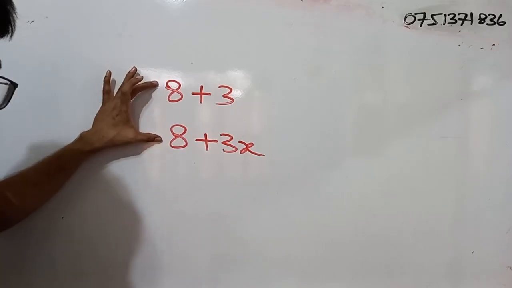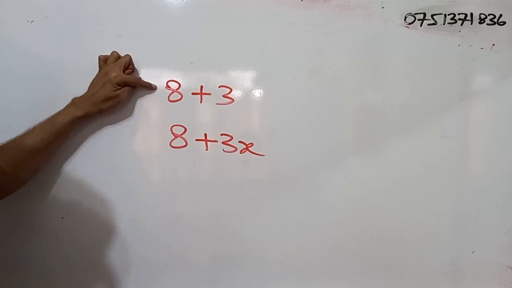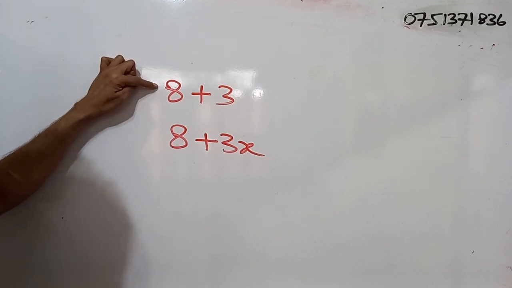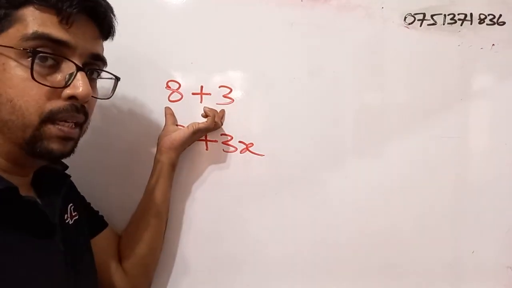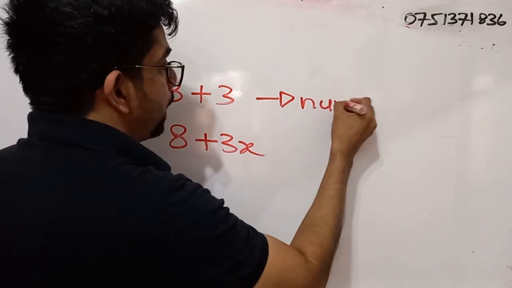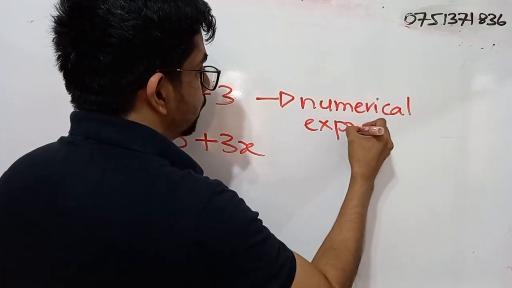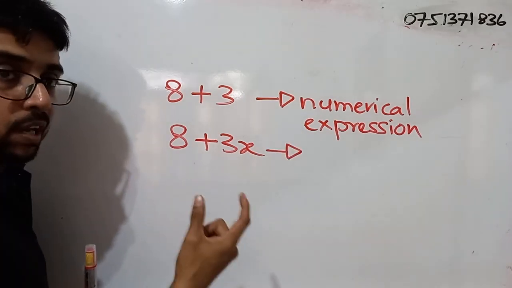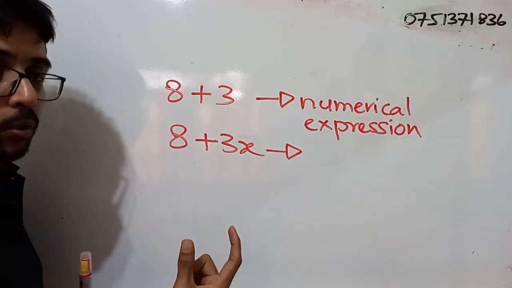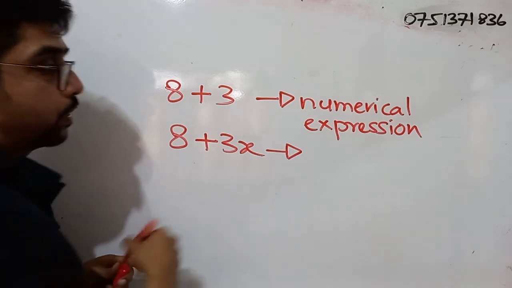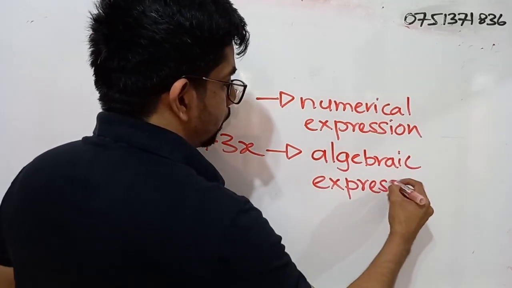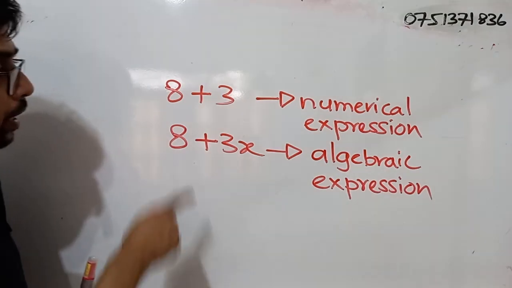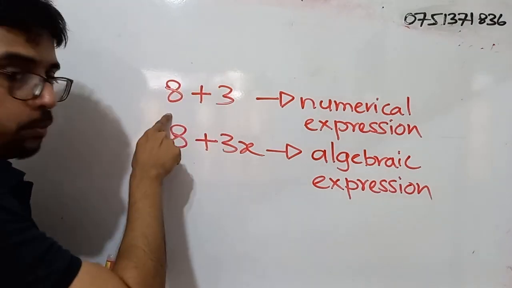So these two are expressions, but the first only has numbers, so we refer to it as a numerical expression. When we have numbers and letters mixed together, that is algebra. So this expression is an algebraic expression.